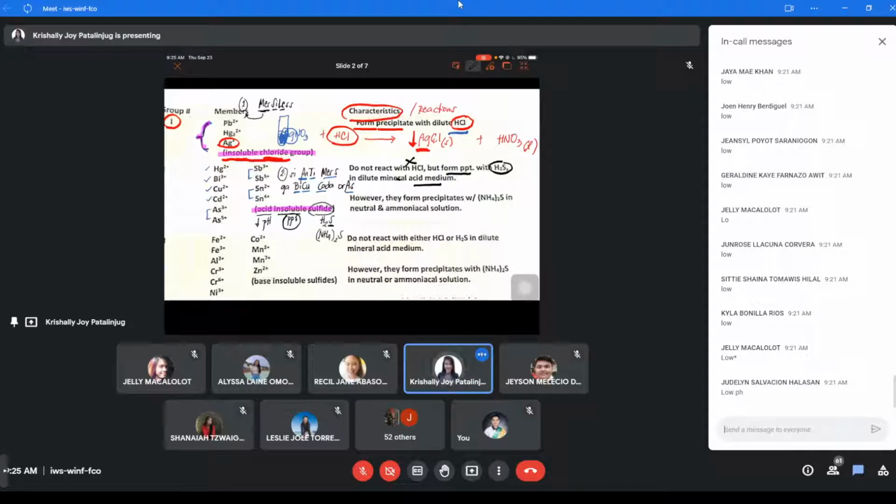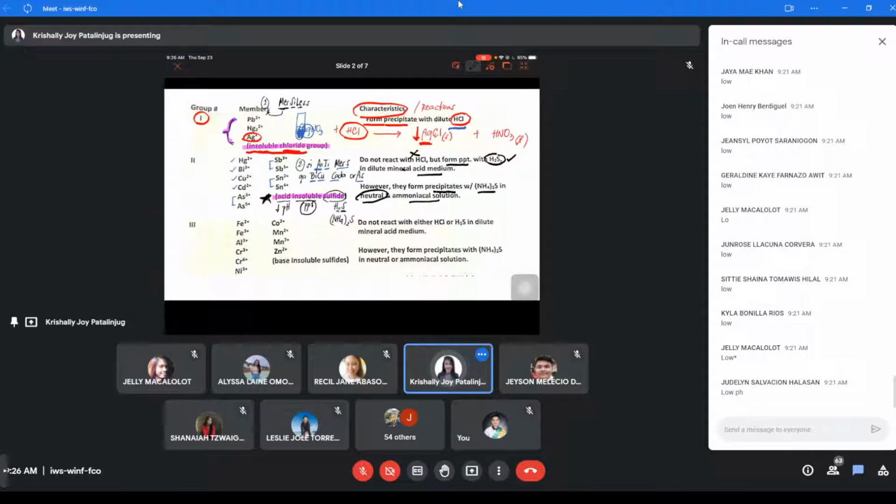But often, are selected ions dyan that also form precipitate with ammonium sulfide in a neutral or ammoniacal solution. Pero pili lang. But in general, again, okay, just take note of this. Sa isang acid environment with sulfide compound, ammonium sulfide ba or dihydrogen sulfide, these ions will be precipitated.